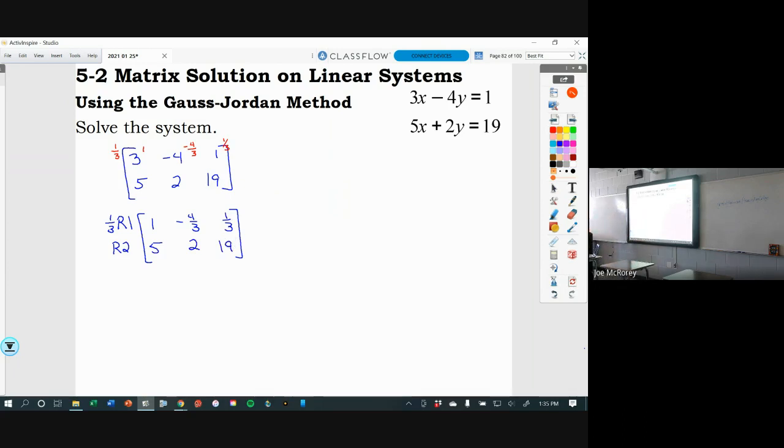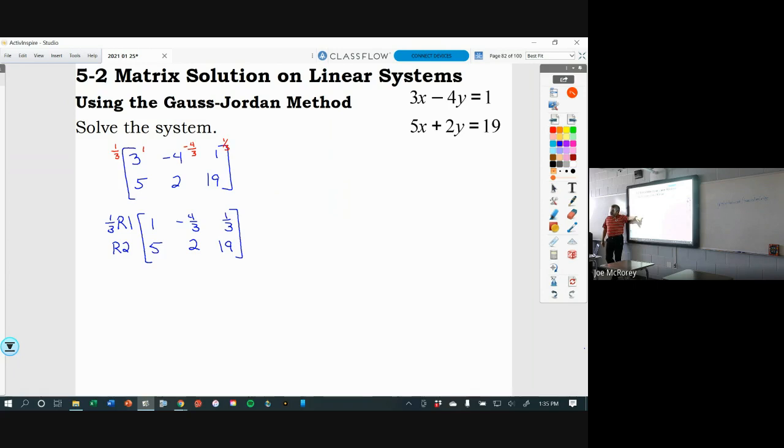Questions so far? So step number 1 was to get the first element in row 1 changed to a 1. I'm done. Step number 2, use that 1 to turn everything else in that column into a 0. Cassie, you with me? Yes. You're drifting, kiddo. Okay. I need to do something with this 1 to make this 5 turn into a 0.